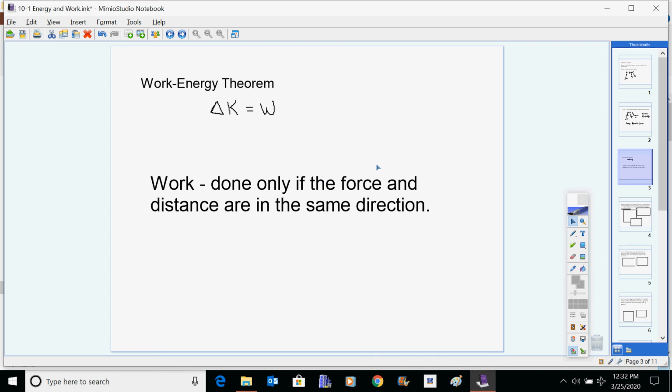Now, this whole idea of work with the force and the distance: if you're considering work being done by something, you're only considering the work if the force and the distance are in the same direction, or at least along the same line. They can be in opposite directions, but along the same line. You can have positive work or negative work.